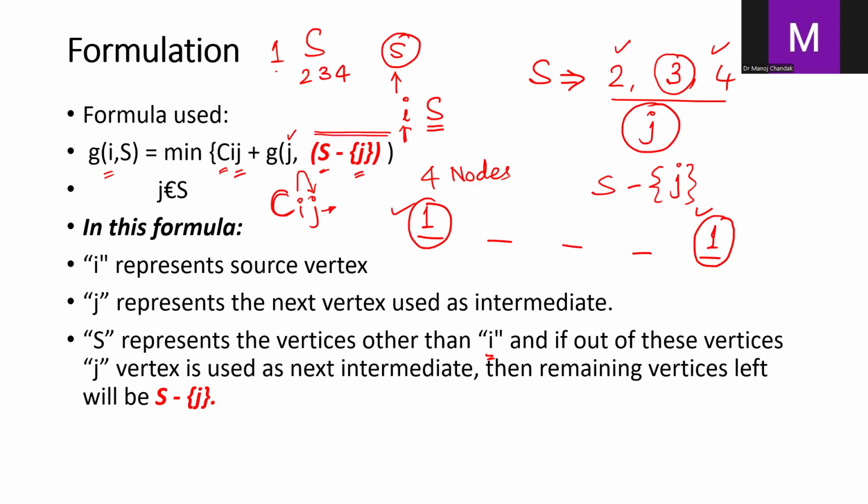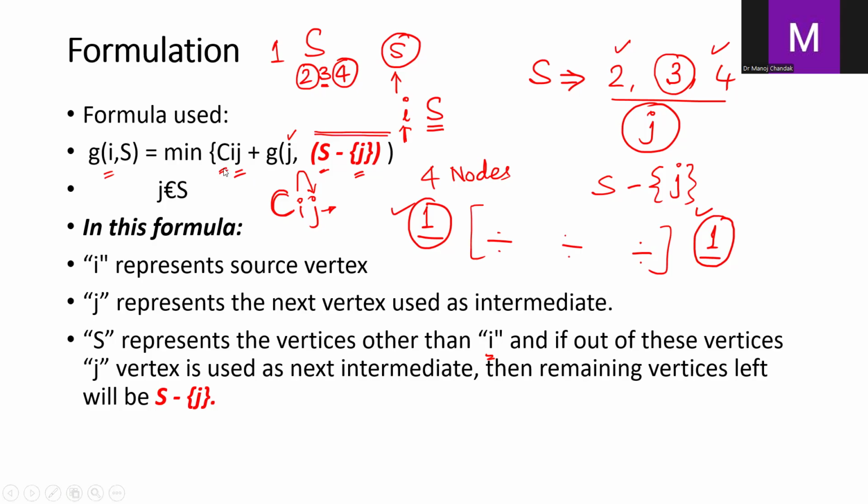And if I travel from 1 to 3, then I will have remaining vertices 2 and 4. This formula will be recursively executed, and this execution will end when all these three possible locations in the path are operated with this formula.